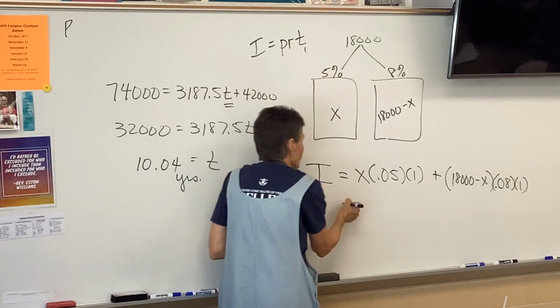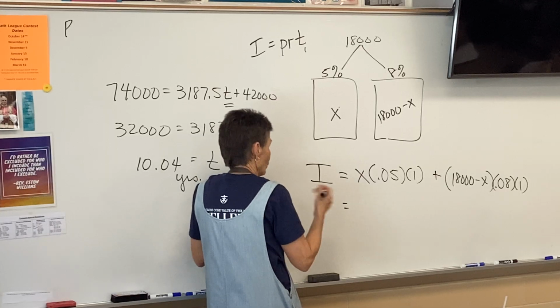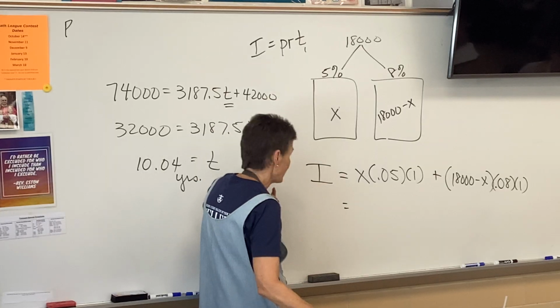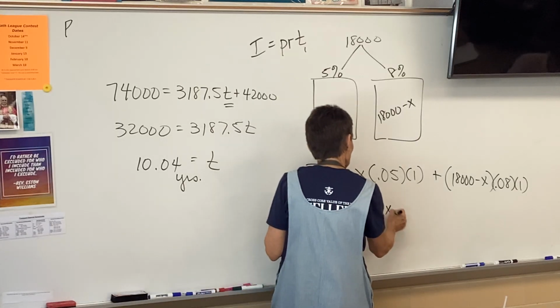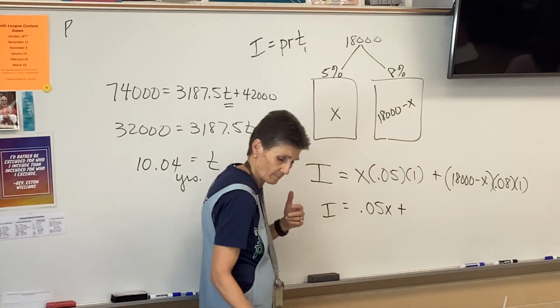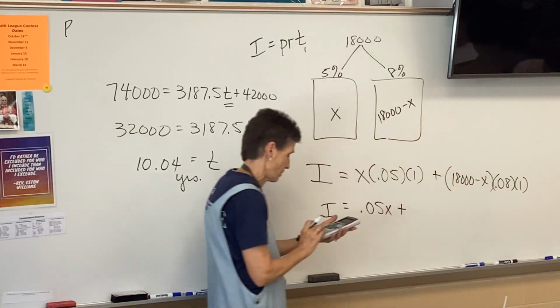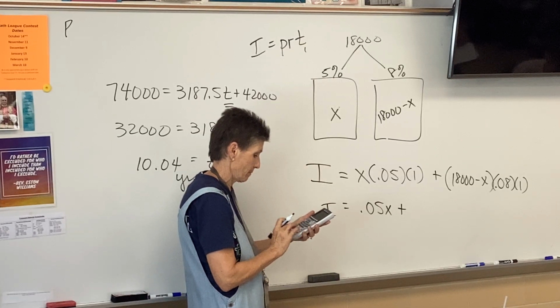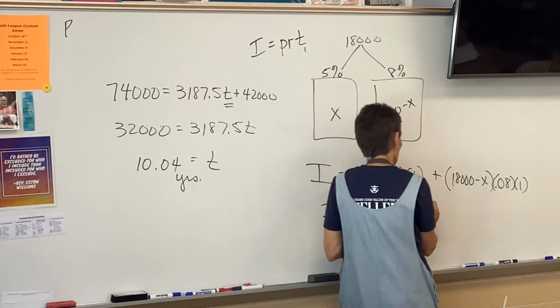Let's clean that equation up a little bit. Let's just make it look better because we're going to get used to it here in a minute. So 0.05x plus, don't let these ones confuse you, they're just ones. $14.40.